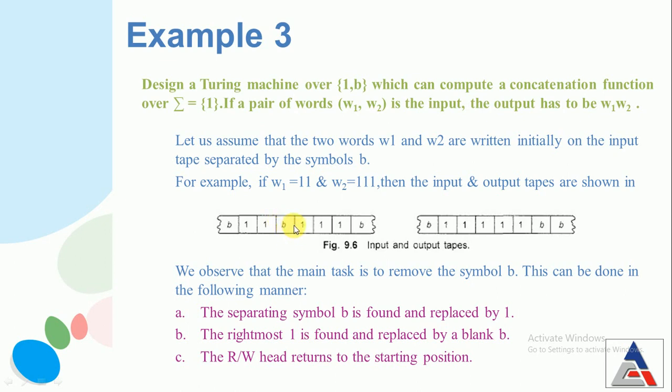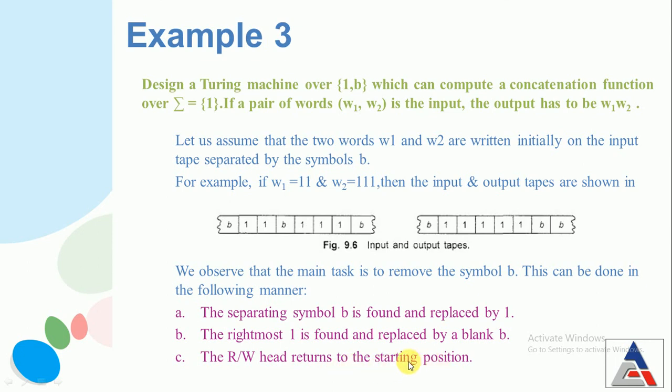As a result, you will have 6 consecutive ones, and at the end you will have to remove one 1 from this entire string, right? So step B says that the rightmost one is found and replaced by blank B. Step C, the third step, the read write head returns to the starting position.